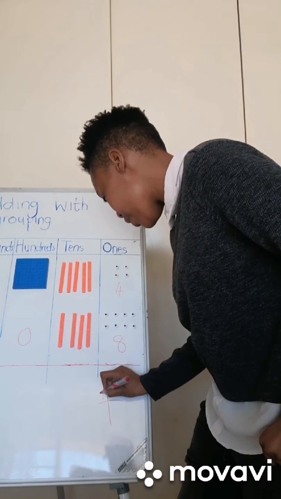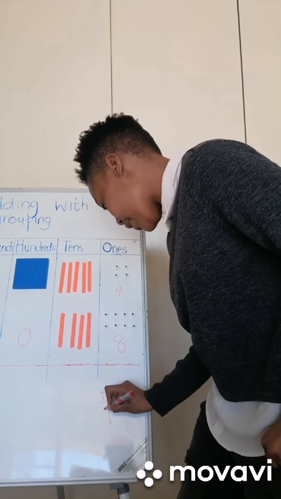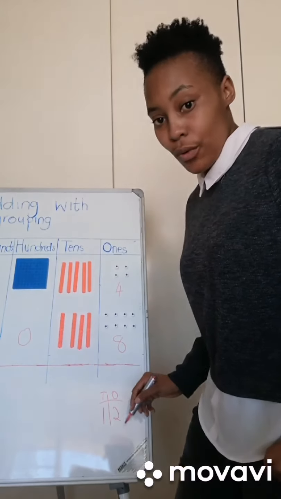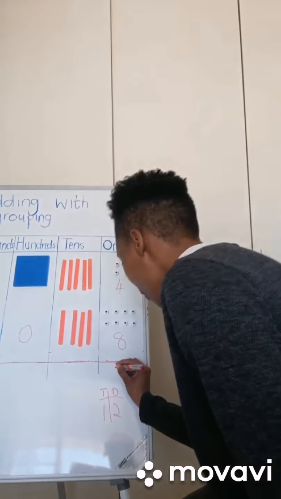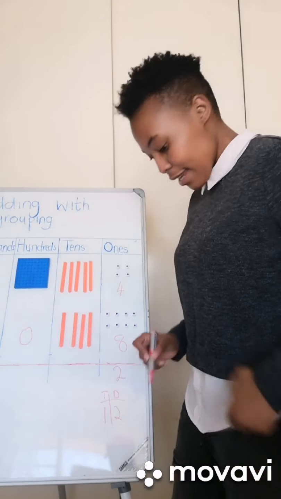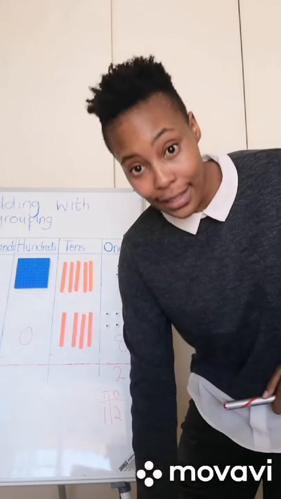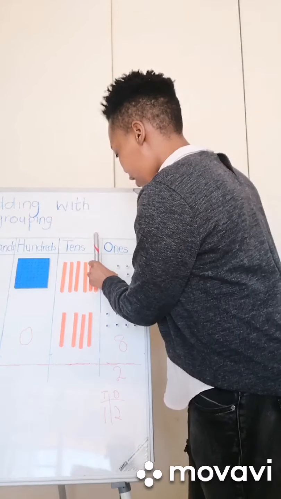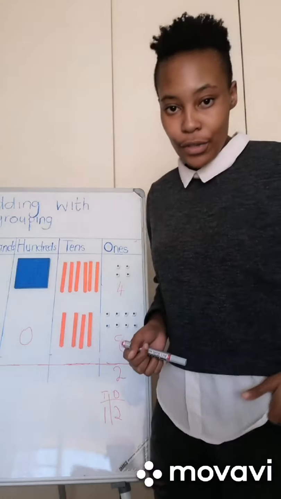We write it here and it's 12. Where does the 2 go? The 2 goes to the ones. And where does the 10 go? The 10 goes to the tens, since we are regrouping.